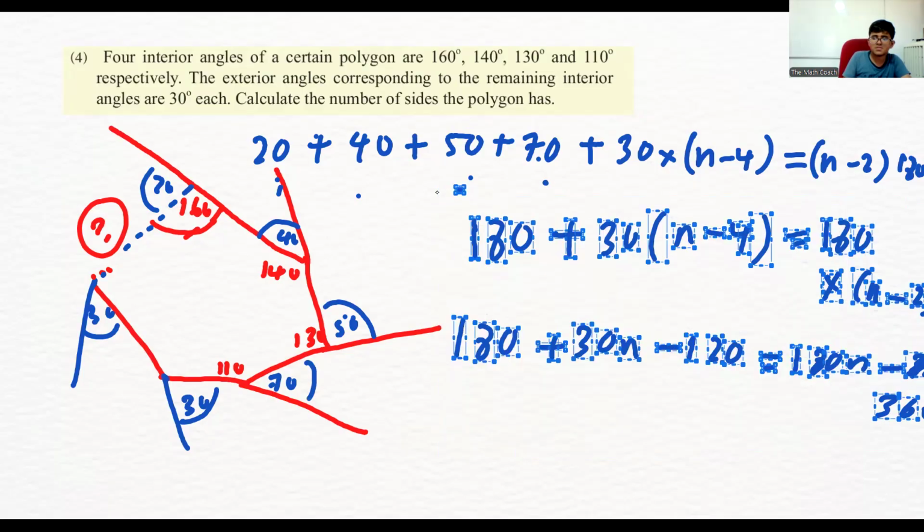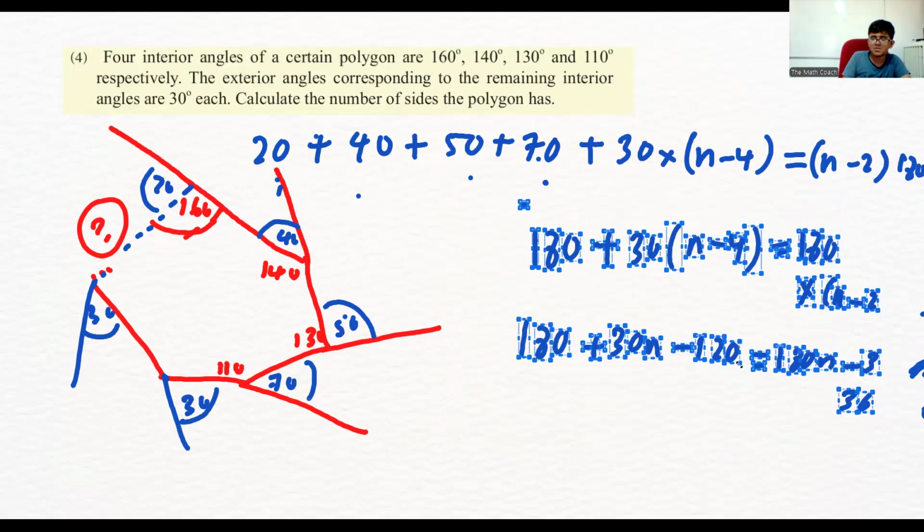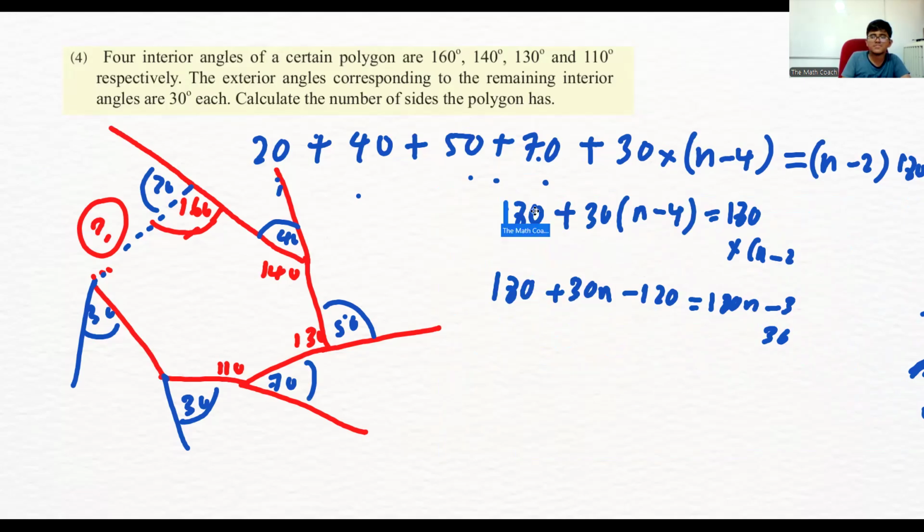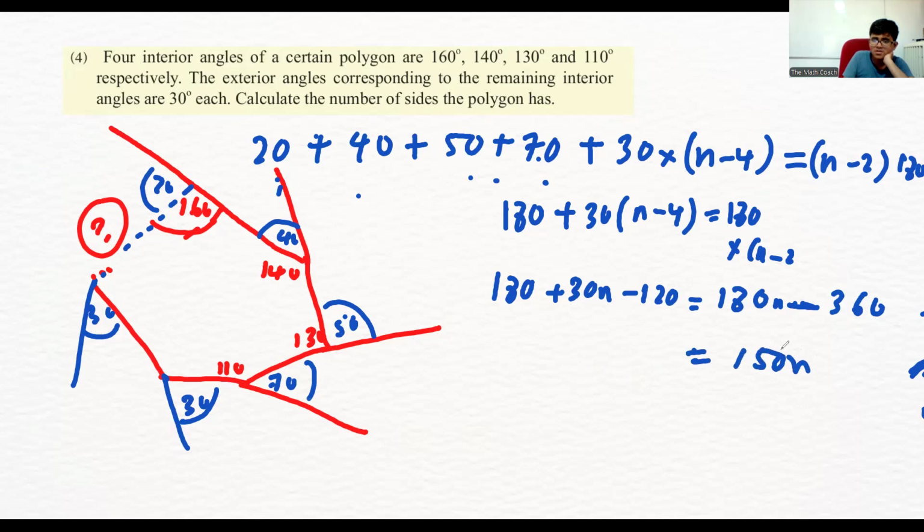So we get 150n equals 180 plus 360 minus 120.